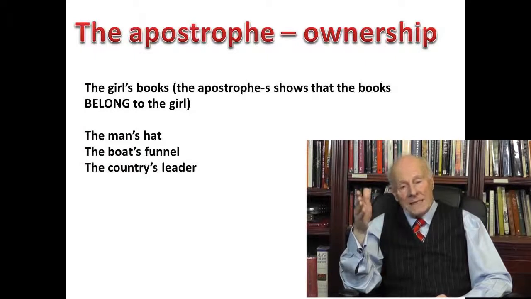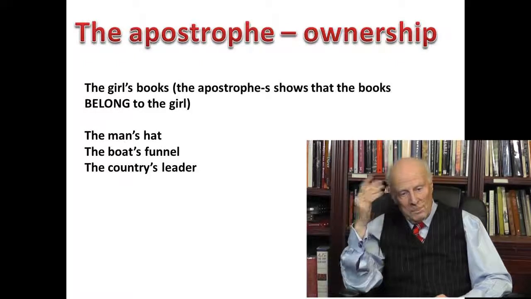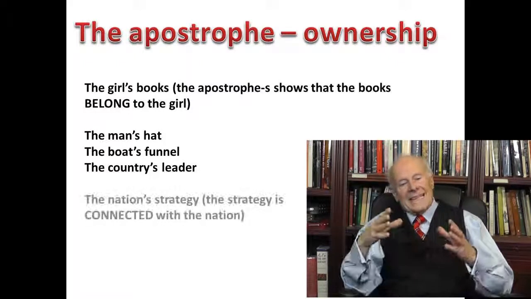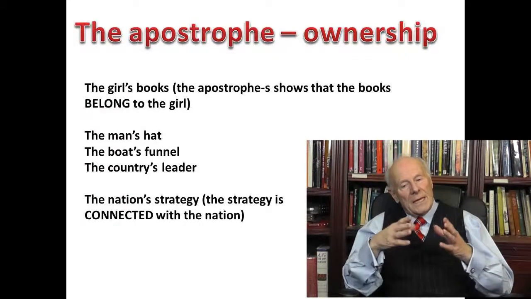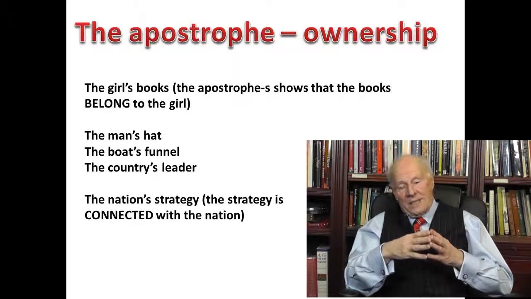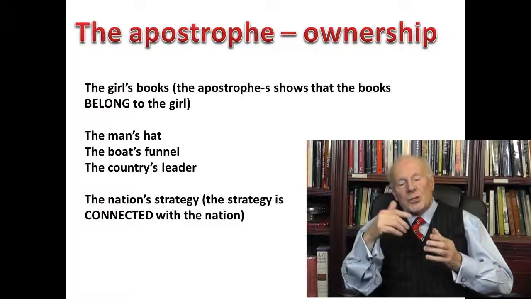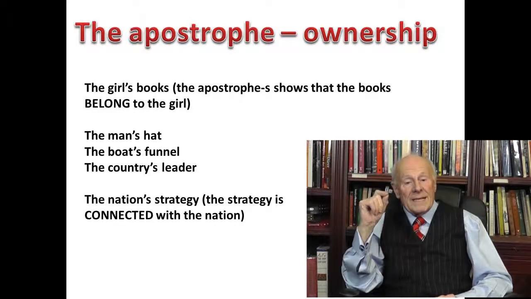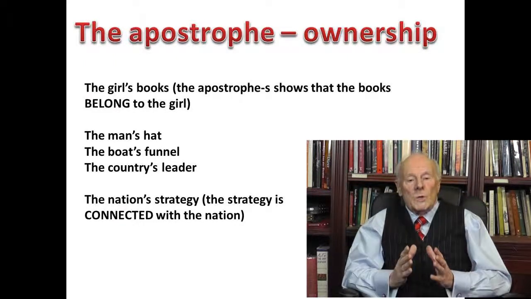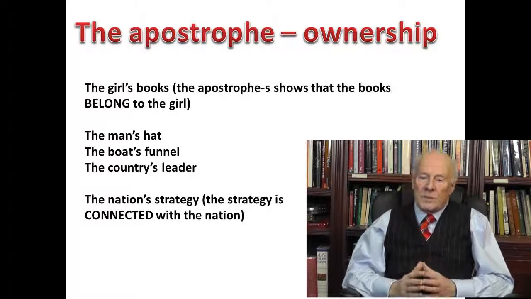The man's hat, again the apostrophe shows that he owns the hat. The boat's funnel, the country's leader, and so on. The nation's strategy, the strategy is connected with the nation. Each time the apostrophe S demonstrated that someone or something owned something else.